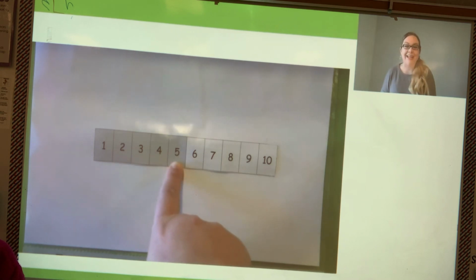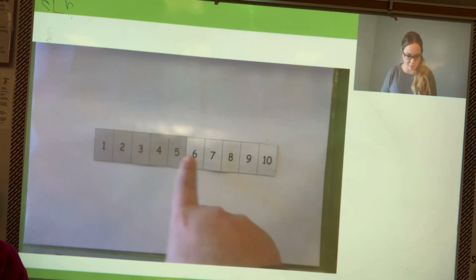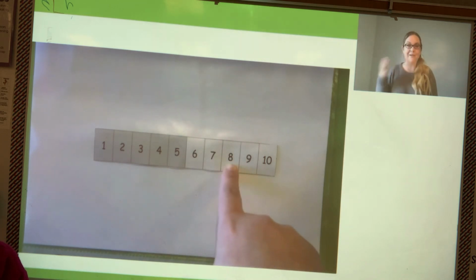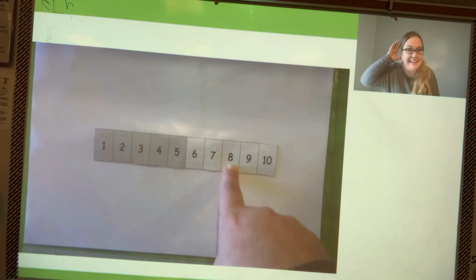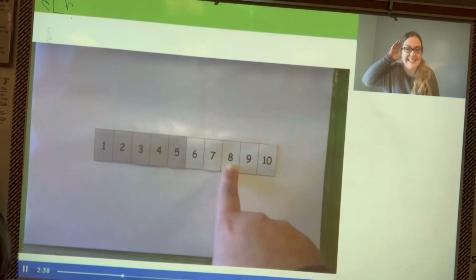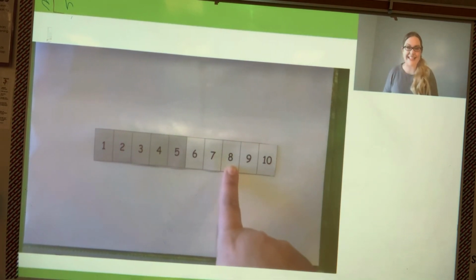I want to add 3. So let's take our finger and count forwards 3 hops on our number path. Here we go. 1, 2, 3. Where did we land? On the number 8.